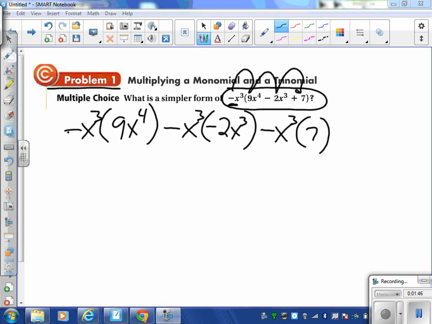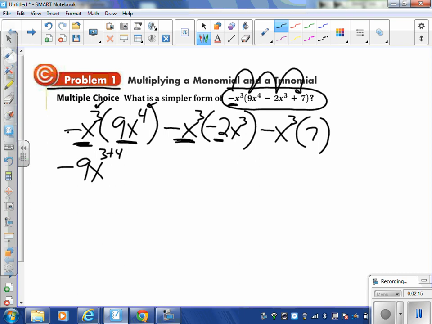Next step is to multiply the negative x to the third with the number inside the parentheses. And remember to add our exponents when we do that. So we're going to have negative 9x, and the exponent is 3 plus 4. Then we have negative x to the third power times 2x to the third power.